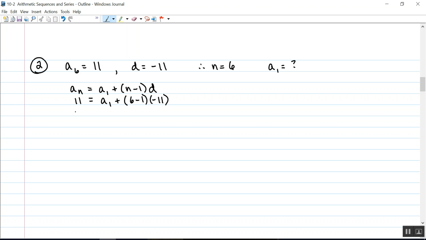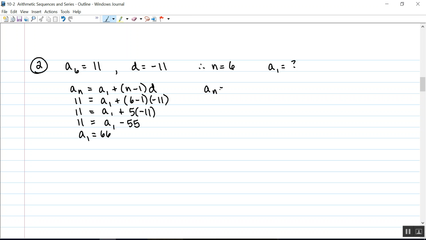So 11 is equal to a sub 1 plus 5 times negative 11. Keep solving that for a sub 1, and then adding 55 to each side. A sub 1 is equal to 66. Now I can write an equation that has n in it as the variable.